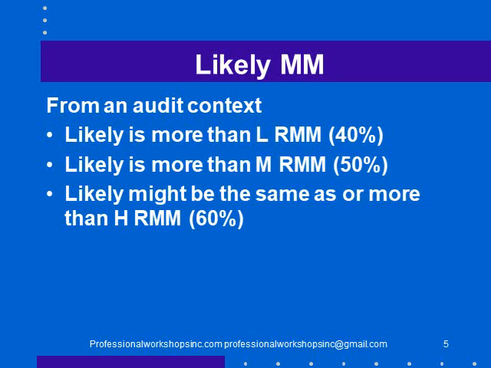And likely is also more than moderate risk of material misstatement, which moderate's 50%. So we're left with likely being the same as or even more than high risk of material misstatement, which is 60% in audit literature. So we could argue, I suppose, that likely material misstatement is a 70% possibility of happening.